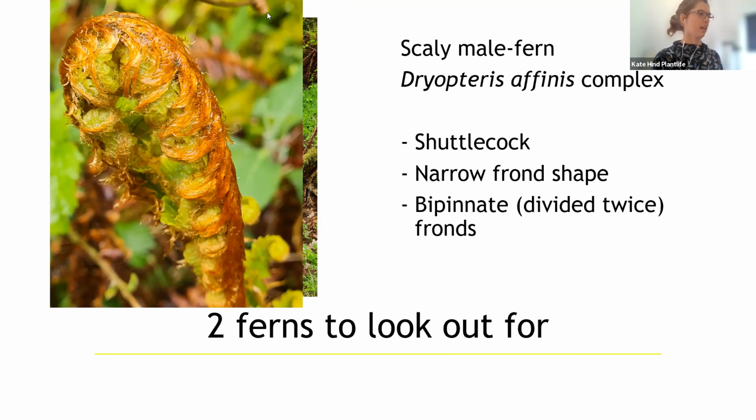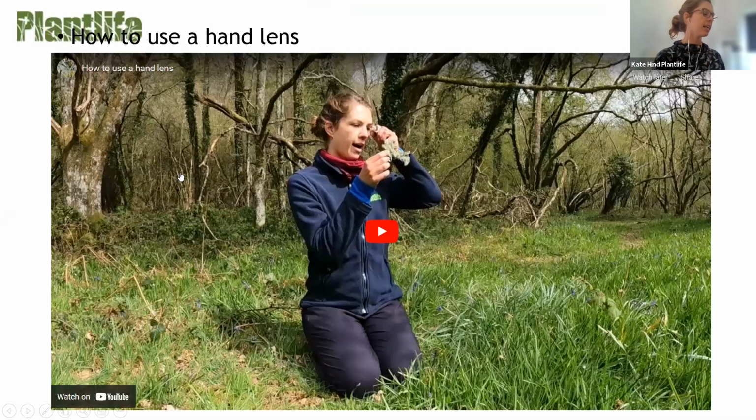So the next thing I want to show you is a short video, and for lichens and bryophytes, but also sometimes for ferns, it's really useful to have a hand lens. And we recommend a minimum magnification of 10 times. Sometimes you might want to go for a 25 times lens, but a 10 times is quite a good one as an introduction to get you going.